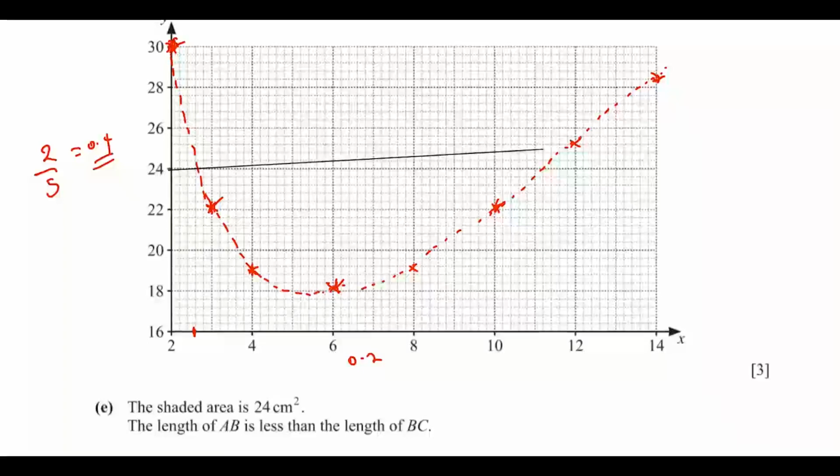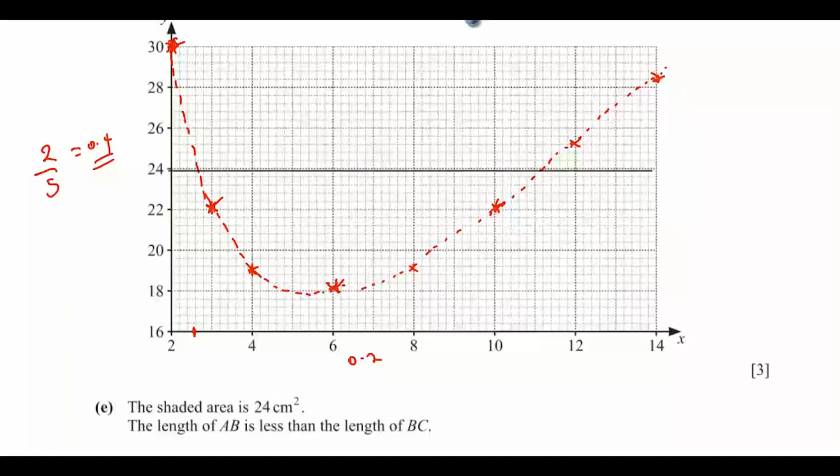So we'll draw a line like this. Where it touches the curve, that is the point where this line touches the curve, will be the values of x, that is here and here. So the first one will be this.